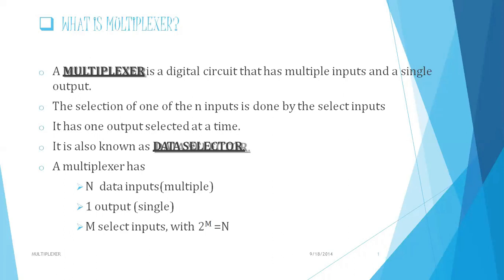So if there are 8 inputs, that is 2 power 3, and 3 selection lines are required.